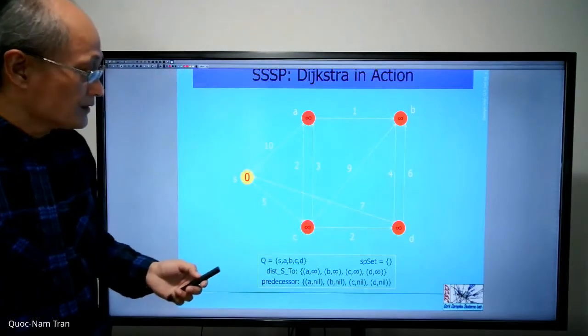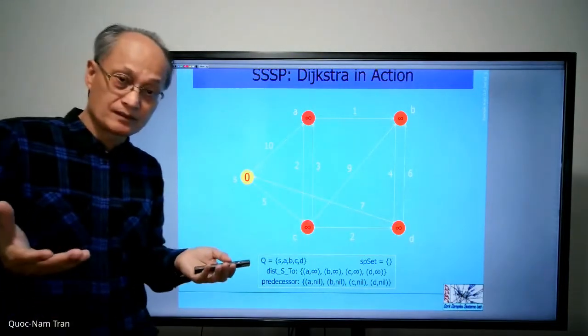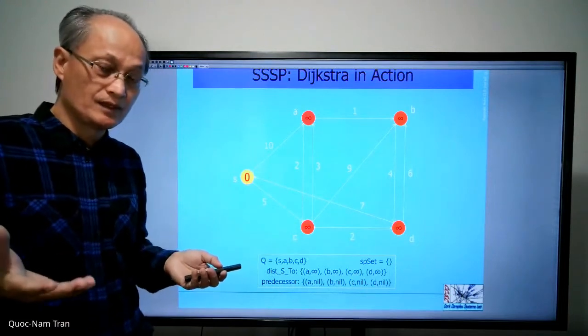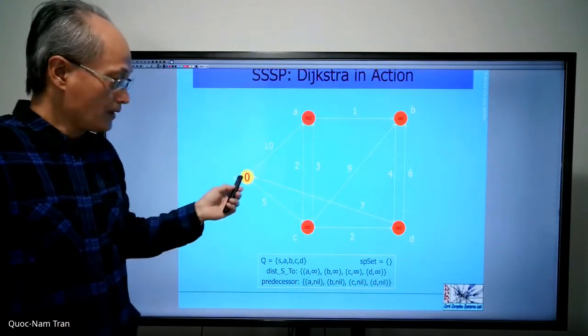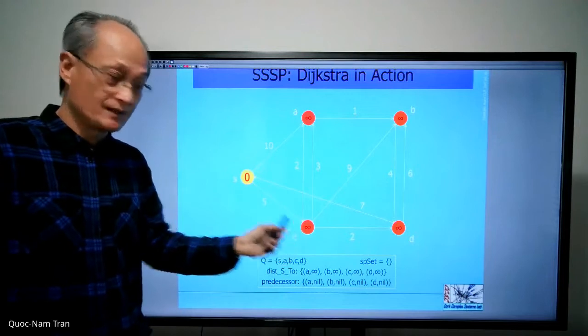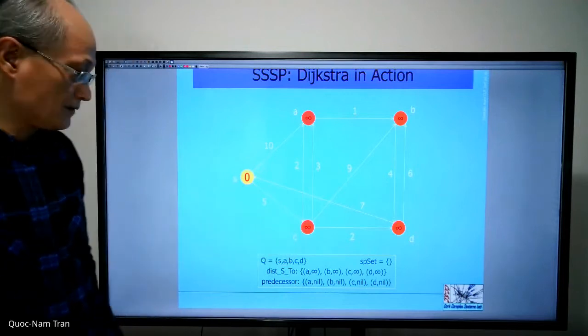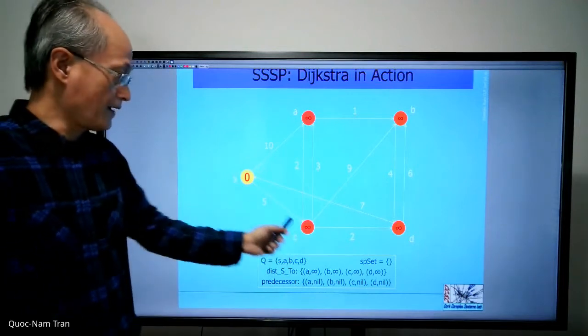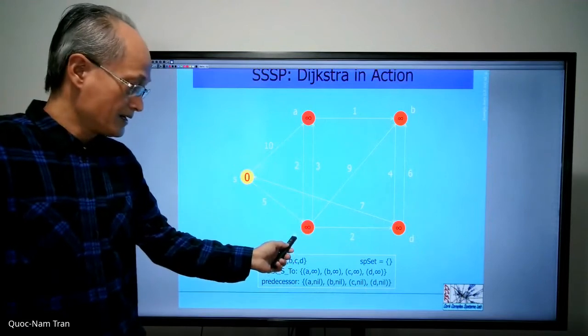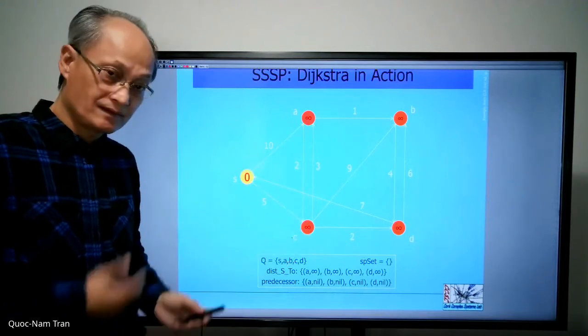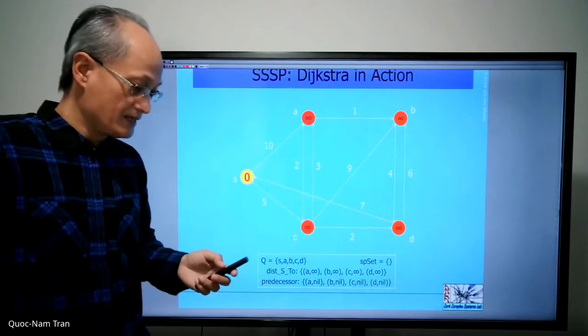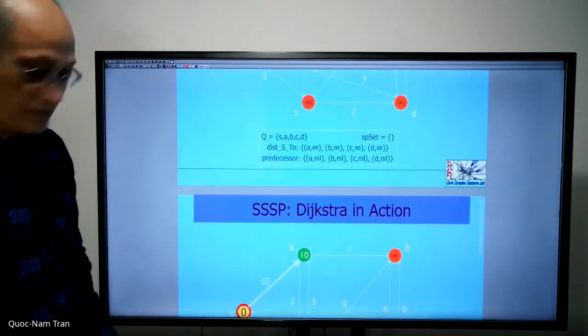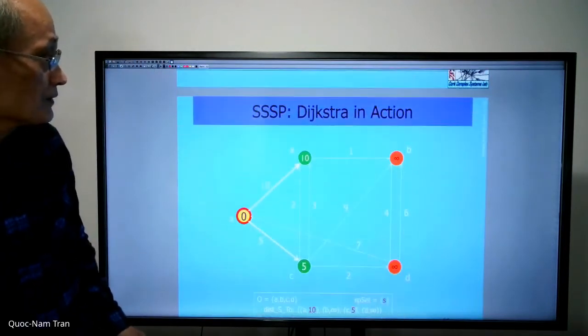First, the Dijkstra algorithm will start with the smallest value from S. So from here you have what? 5. And the next node is C, so we will update this one.